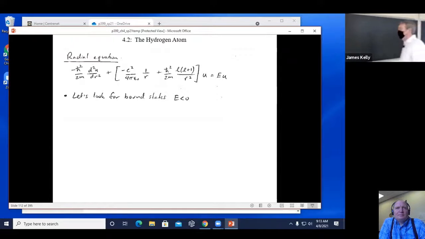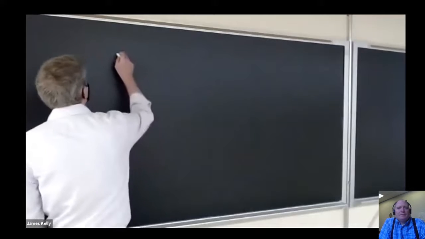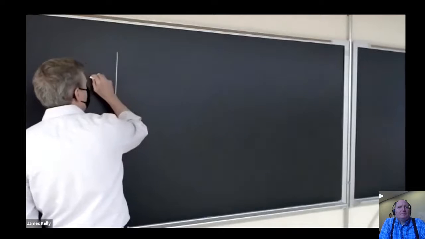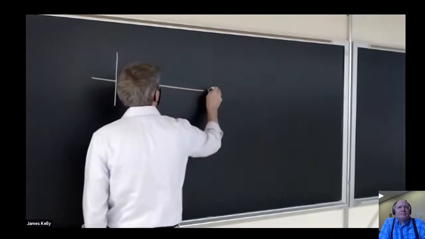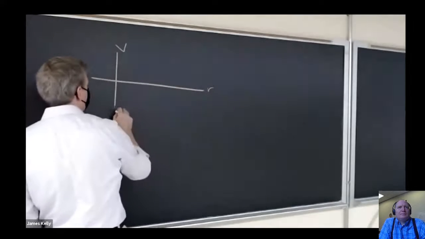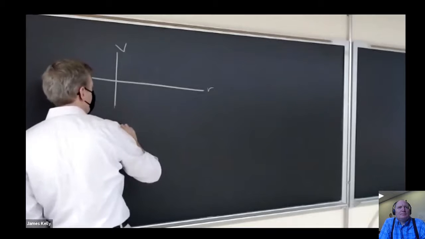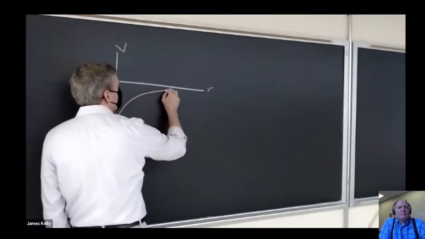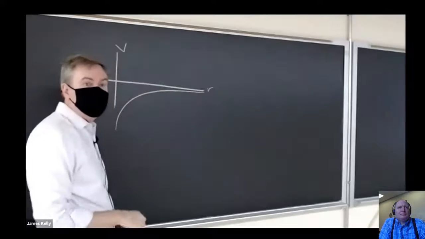Now, let's look for the bound states. Why are the bound states less than zero? Well, if we look at the real potential energy, not the effective potential, our potential energy, which is K Q1 Q2 over r, V as a function of r, is negatively proportional to 1 over r.